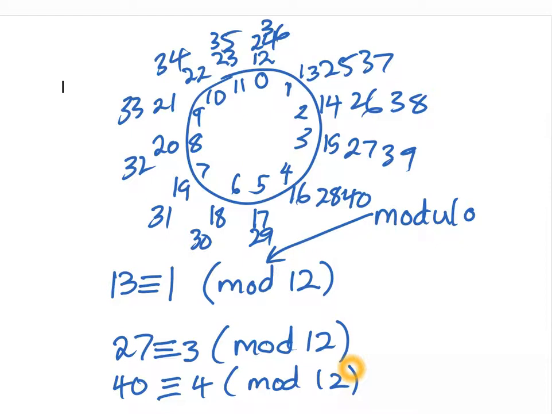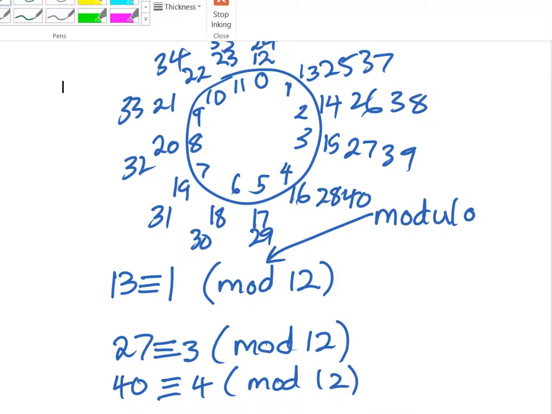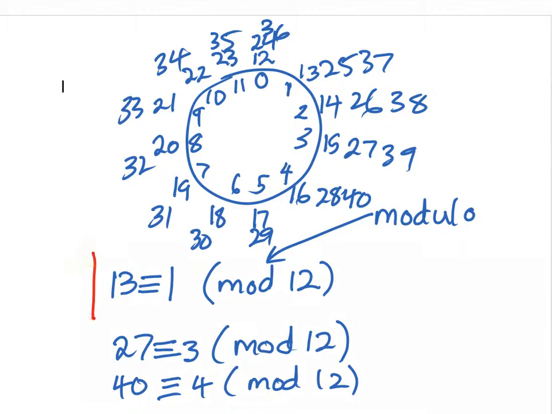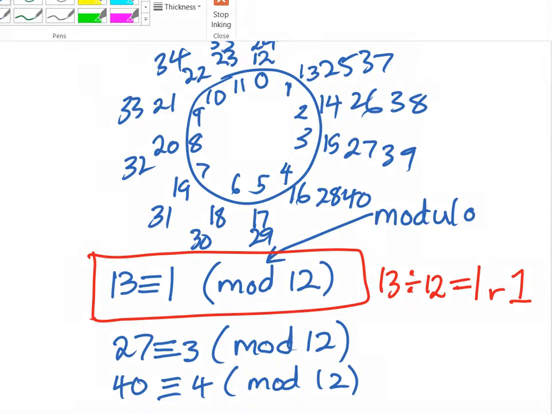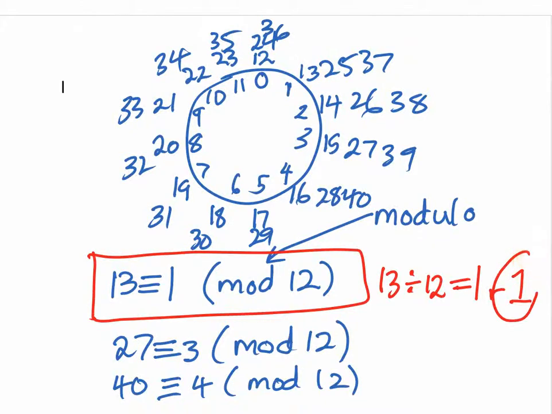For example, we said 13 was congruent to 1 modulo 12. What we're saying is if you divide 13 by 12, you'll get 1, but importantly the remainder is 1. And that's the thing that I'm interested in, that remainder. 27 divided by 12, well, 2 12s are 24, and the remainder is 3.